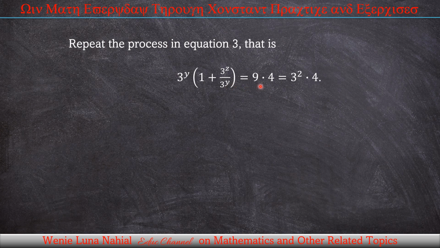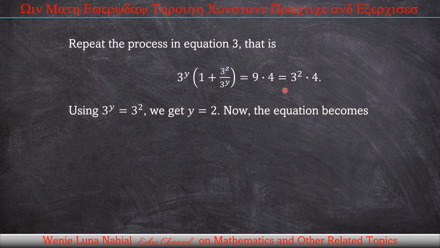Then this 36 is written as 9 times 4, and this 9 can be written as 3 squared. So we can equate now 3 raised to y and 3 squared. From this equation, we get y equals 2. We equated the exponents because in this equation, the bases in both sides are the same.